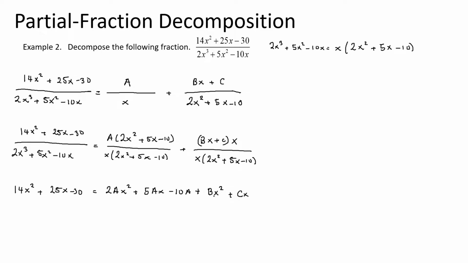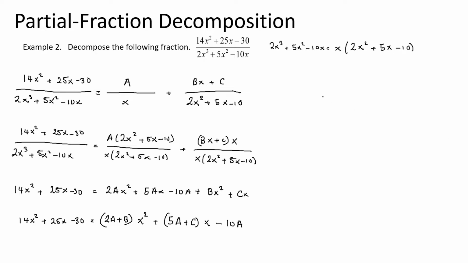We could factor x squared from 2a plus b, so 2a plus b will be the coefficient of x squared. Now the x term will be 5a plus c. And the last one is just negative 10a. So this will equal 14x squared plus 25x minus 30.